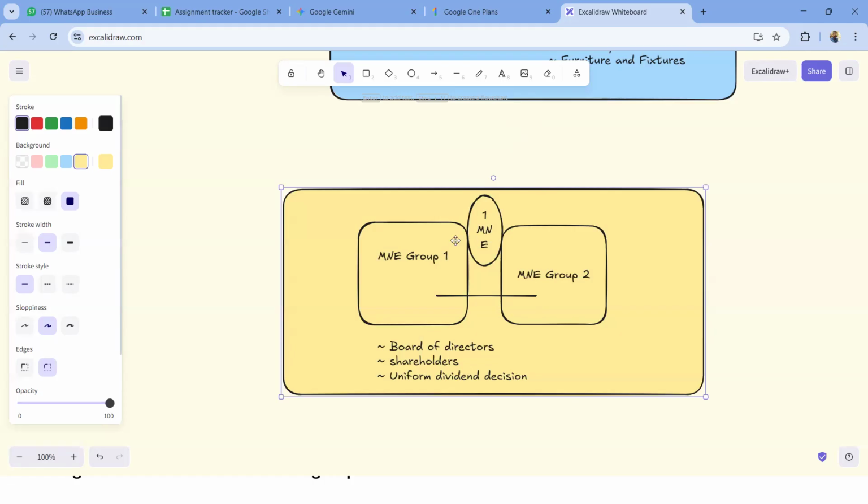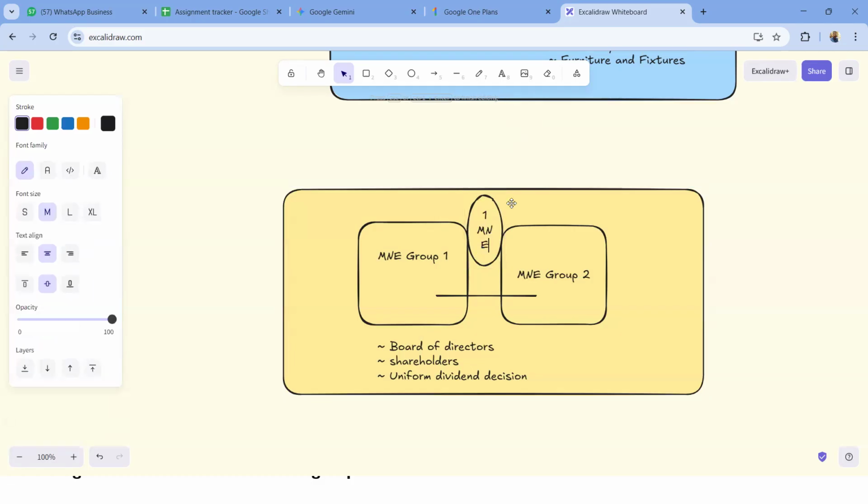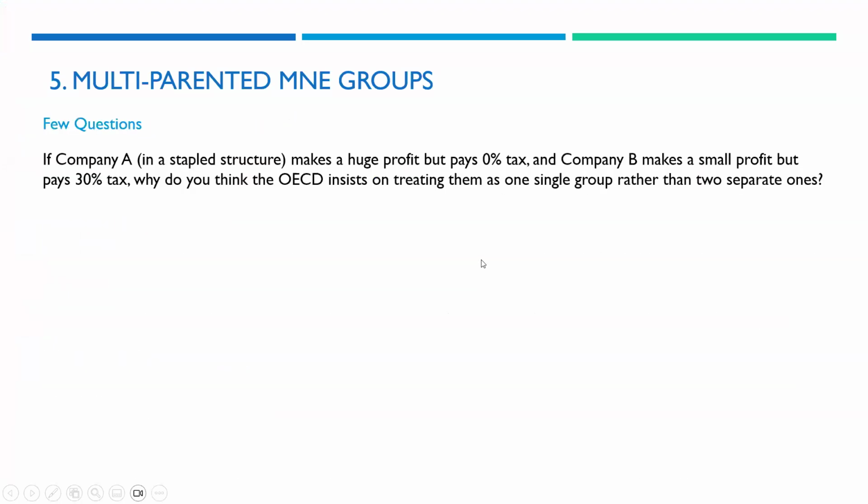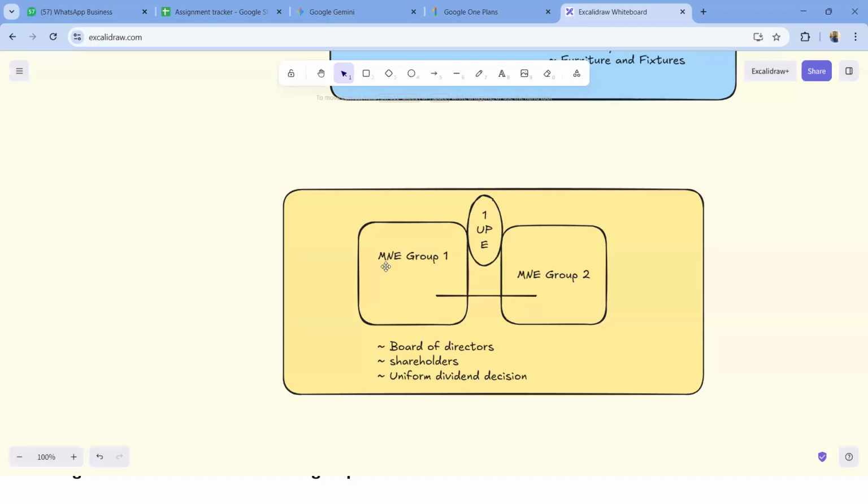Now, why have they said that if there is a stapled MNE group, there should only be one UPE? Why is that? Why do you think that if it is stapled, with two MNE groups having the same directors, shareholders and uniform dividend decision, both will be seen as one group, and only one UPE would be paying the IIR in respect of both?